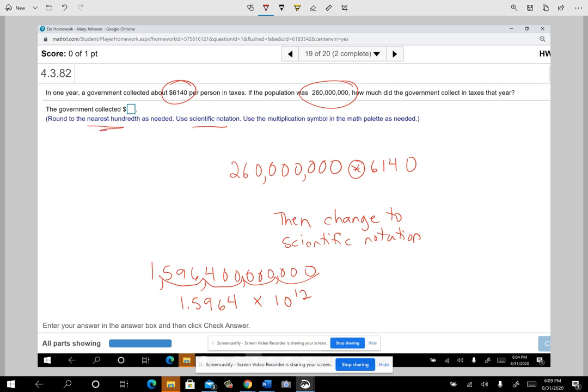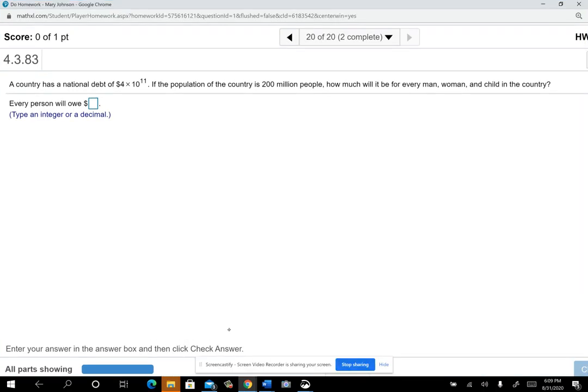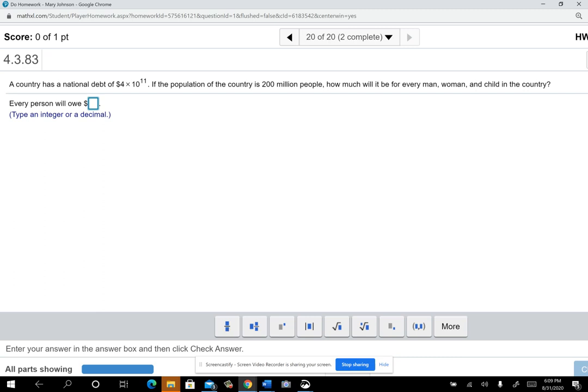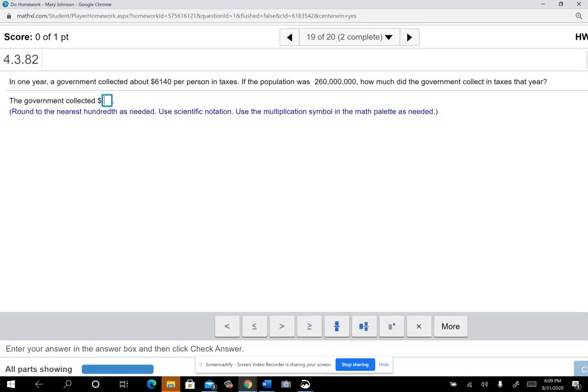I'm also looking at this rounding to the nearest hundredth as needed. So I'm kind of curious about this. No one's ever really asked me about this question before. So I'm going to go in here and go back to number 19 and try entering the scientific notation. So I'm thinking they might want me to round that 1.596 that I had.